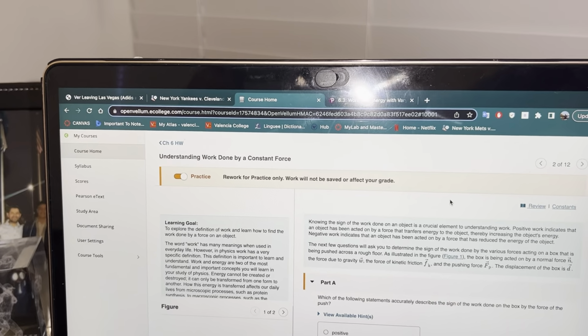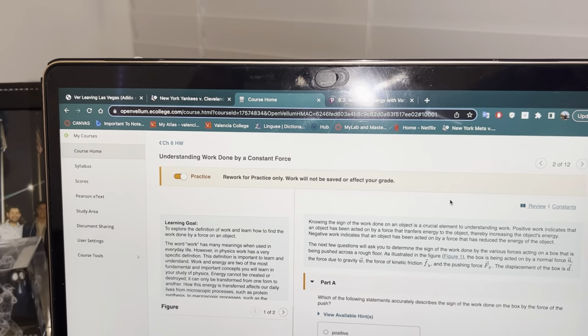So we may use this equation in this case. And basically we're gonna put the force and the distance, they label it as d, and the cosine of the angle of these two.